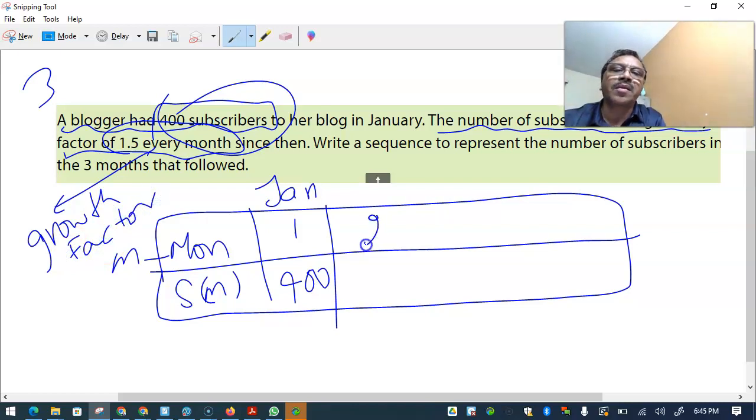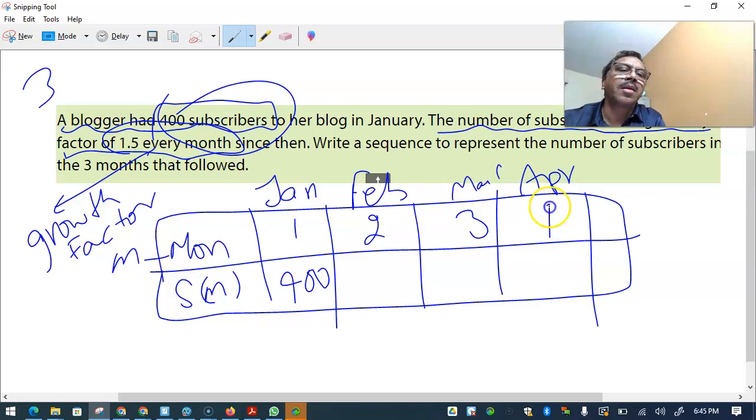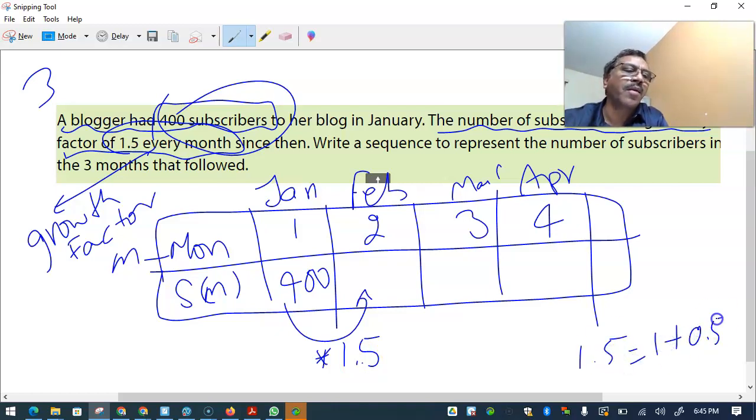So every month, let's say, January, then February, then March, then April, and likewise you can write this. You multiply by 1.5, and 1.5 times 400, and 1.5 basically means what? It is 1 plus 0.5.